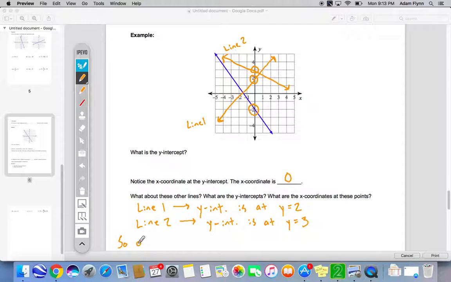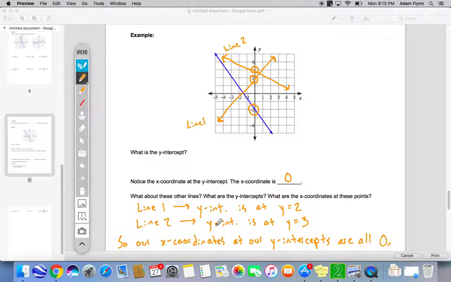So our x-coordinates at our Y-intercepts are all 0.